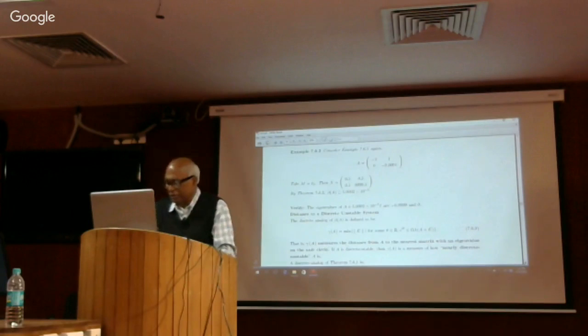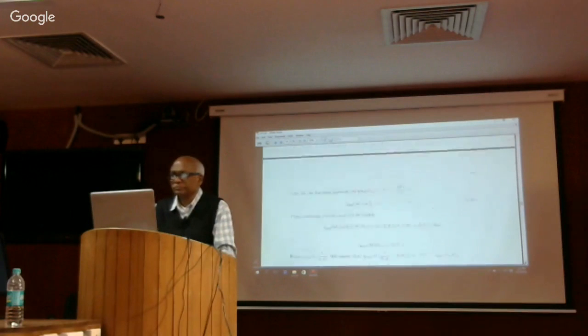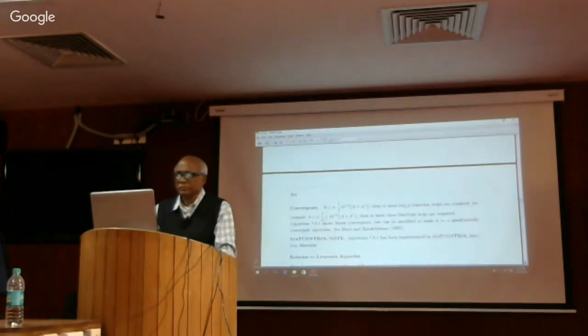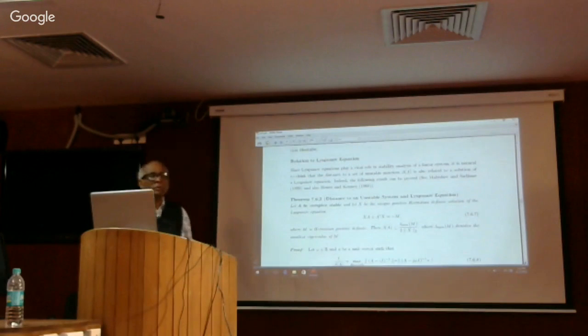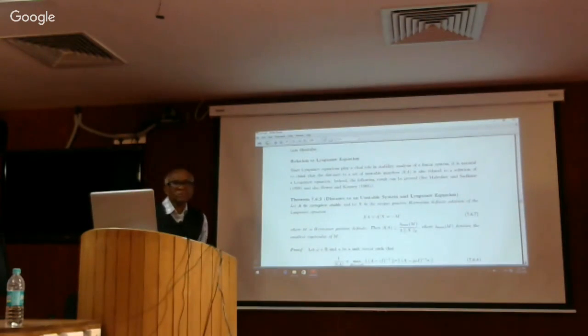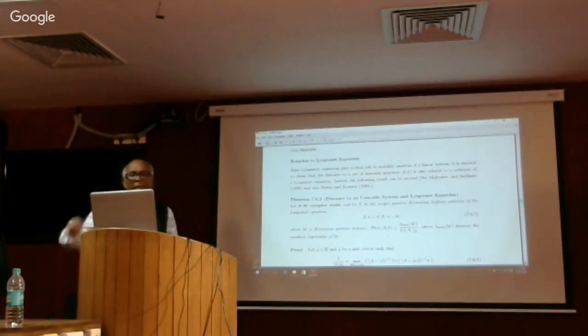If you look at the theorem, let A be a complex stable matrix. If A is stable, then for XA plus A star X equals minus M, where M is also positive definite, that solution X will be unique and positive definite. This will give a unique solution.